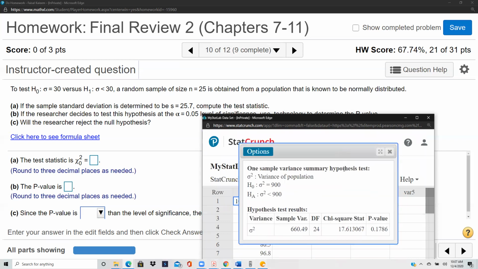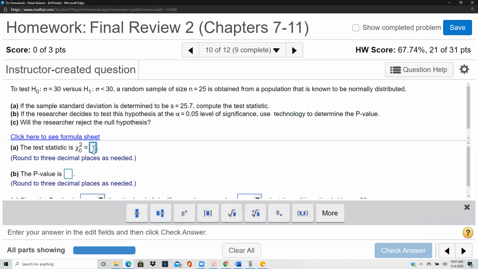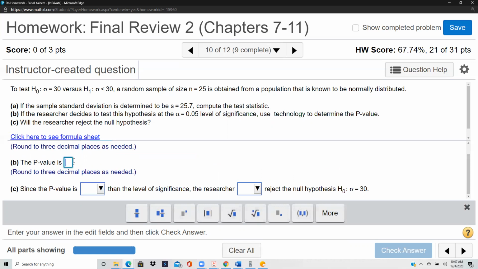So the test statistic is 17.613 and the p-value is 0.179. So what's the conclusion here?